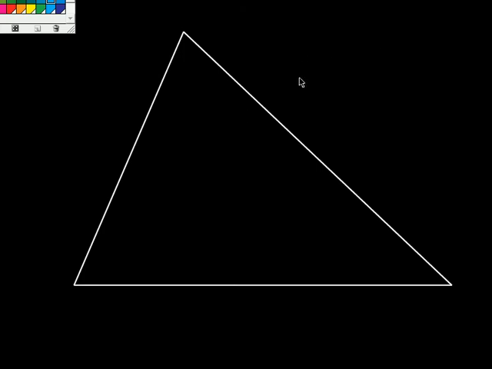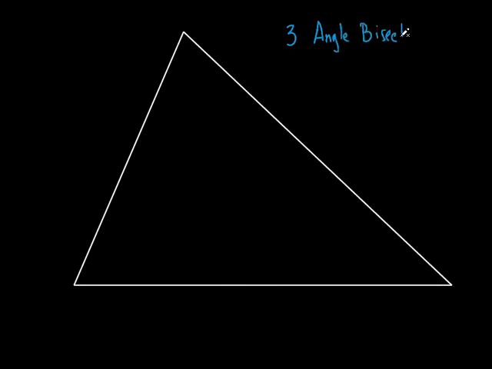Stay with the same color system here. This time, we're not going to do perpendicular bisectors, but we're going to draw 3 angle bisectors. So we're not splitting the sides at the midpoint, are we? And let's call it ABC, just like we did the other one.